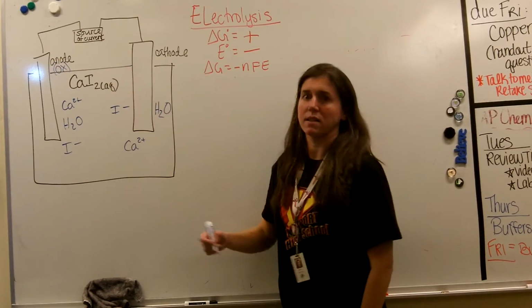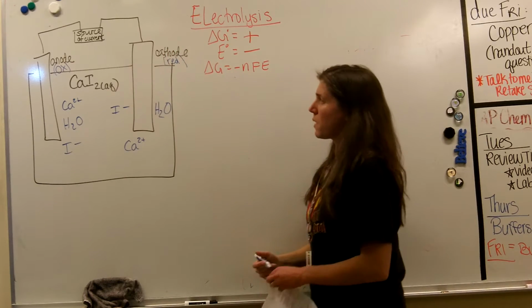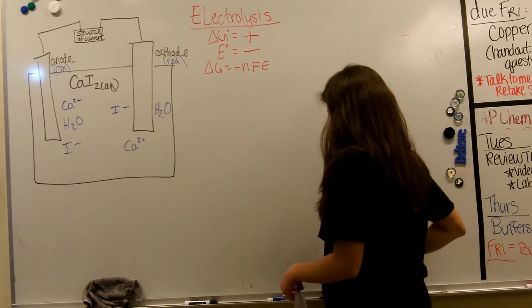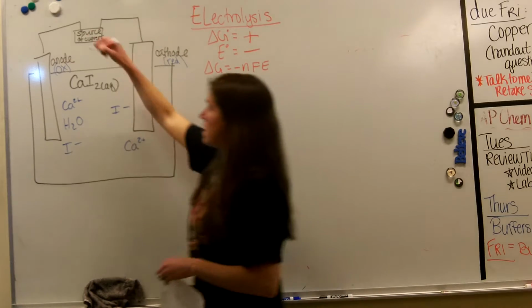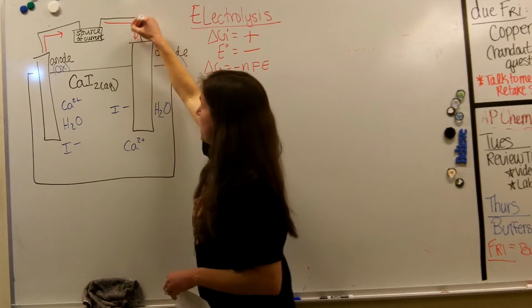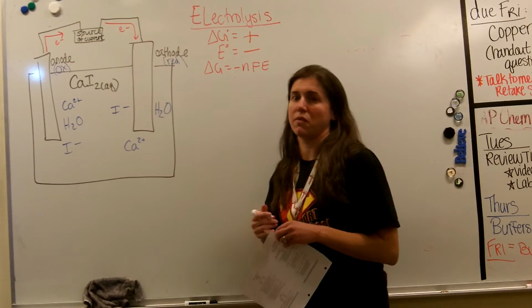And Red Cat: at the cathode, reduction is occurring. And remember, oxidation means that's where you're losing electrons. So the anode side, where the oxidation occurs, is where the electrons are going to start from, and electrons are going to flow in this direction towards your cathode. That will be the flow of electrons.